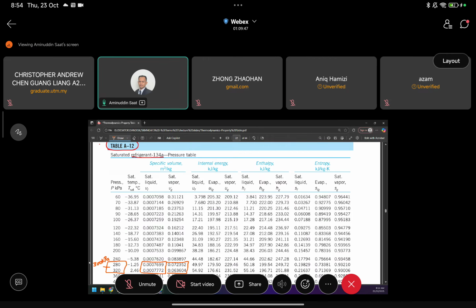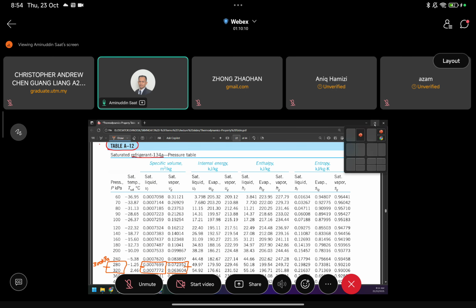So if you look, 300 is in between 280 with 320, and you need this VF in between and VG in between. Okay, so you need to take both data.